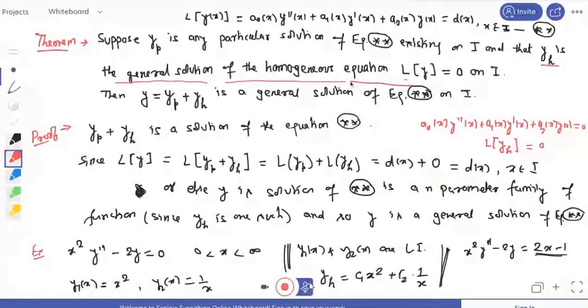When d(x) equals 0. When d(x) equals 0, we call the solution yh, because it is the solution of that homogeneous differential equation. Yh means the general solution of the homogeneous equation, so L of yh equals 0.